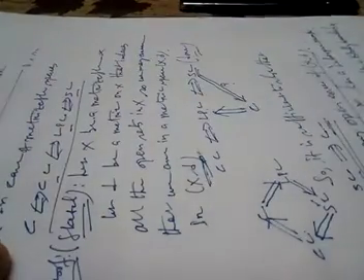So in case of metrizable spaces, all those four kinds of compactness are equivalent. Fine.